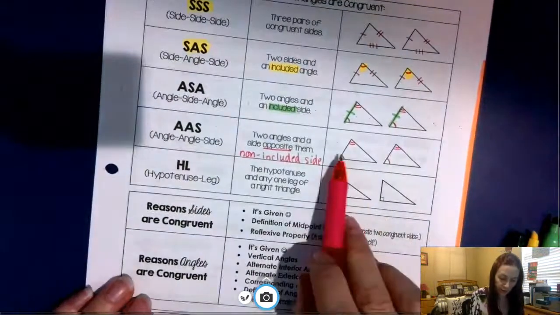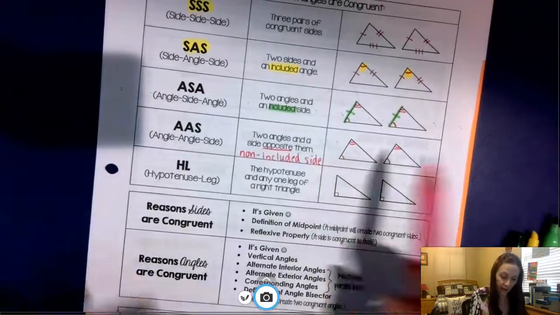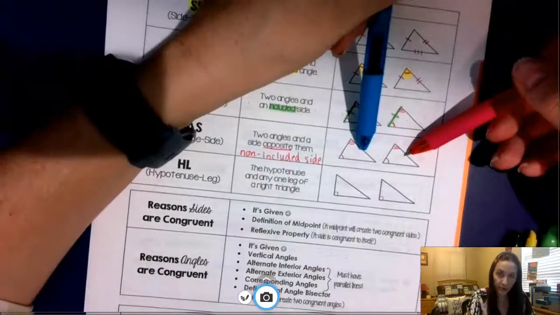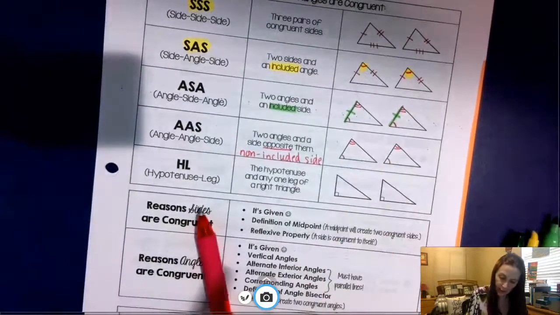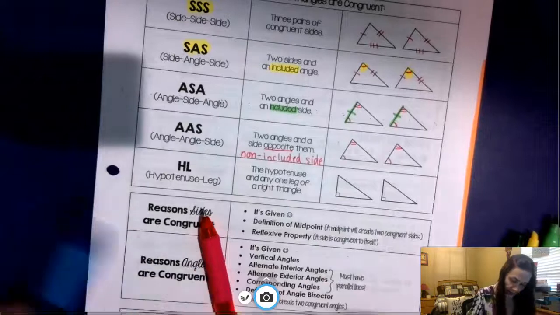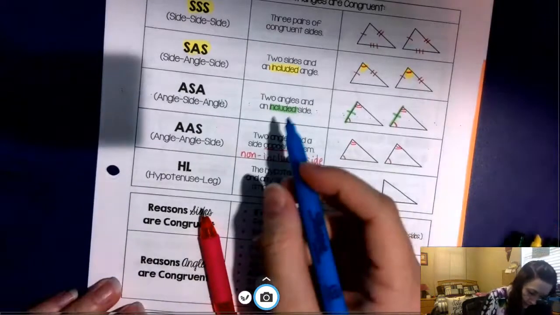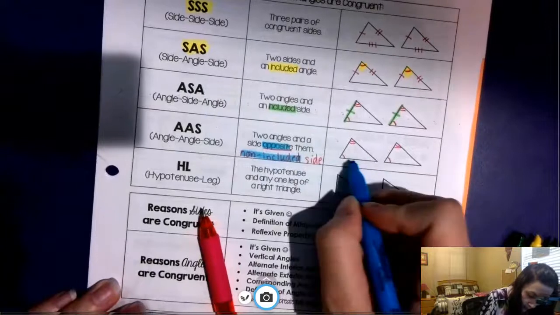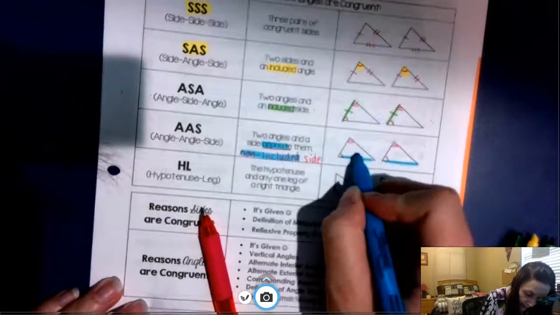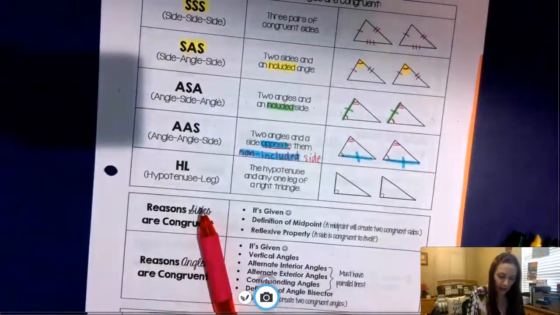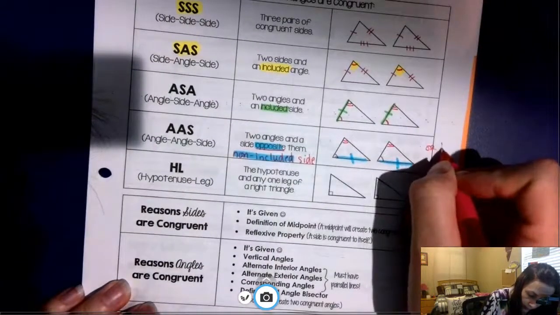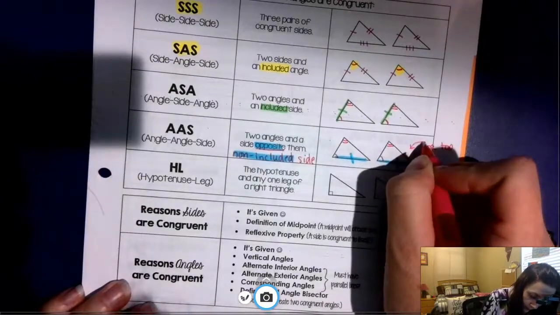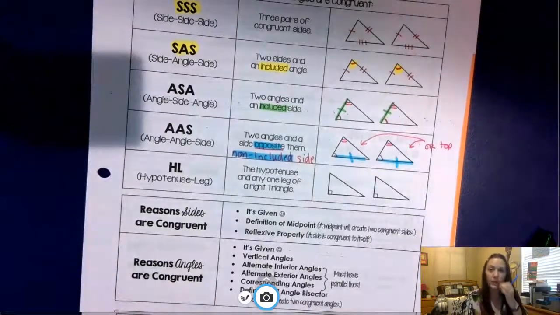Now I don't want the included side. I need a non-included side. So it could either be this side here and here, or it could be this side here and here. It doesn't really matter. It could be either one. Let's go ahead and make this the non-included side, and it could be this one here. Again, it could be either of these. It can't be both, but it could have been either non-included.